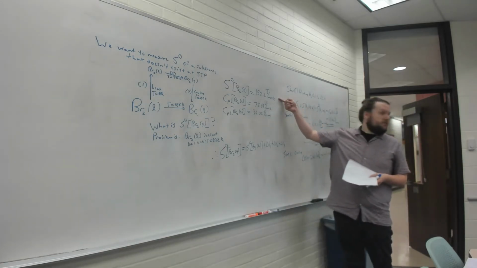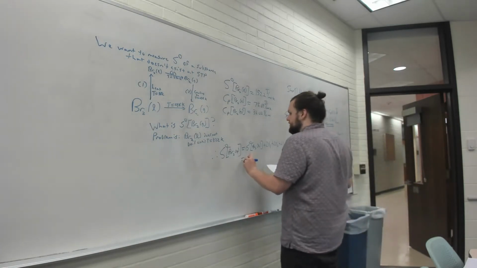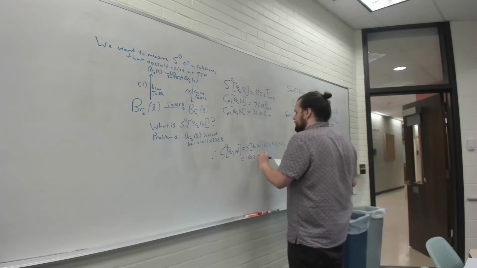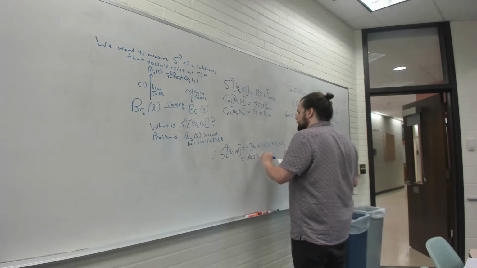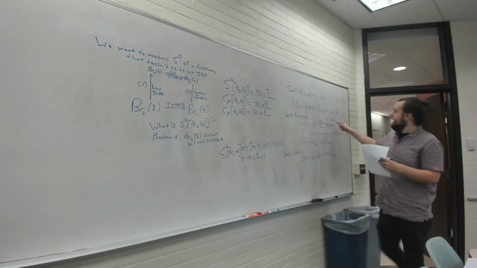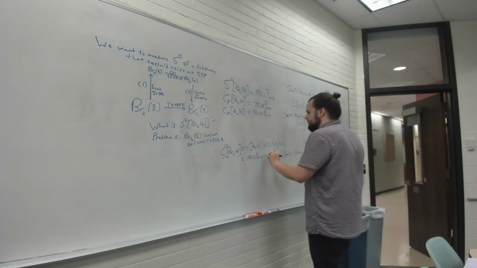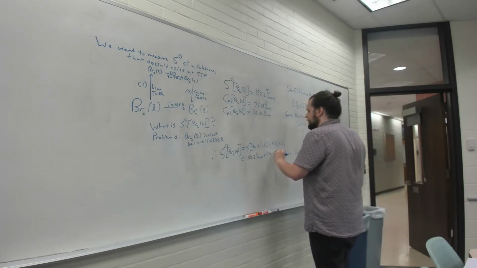Okay, well, we've already measured the liquid one. So this is 152.2 joules per Kelvin per mole plus 8.140. I'm going to stop writing the units here just for simplicity.